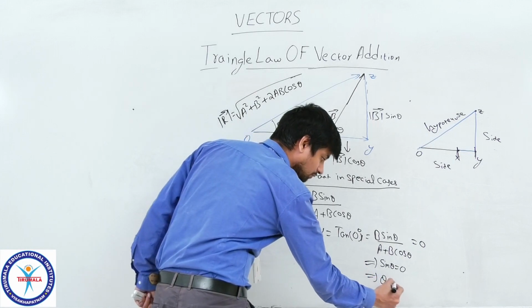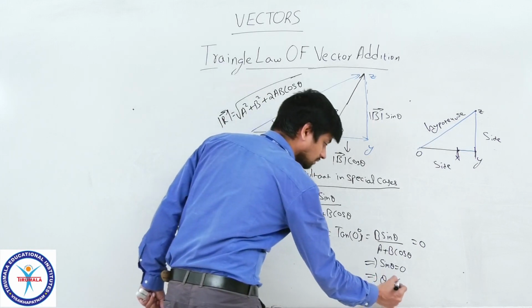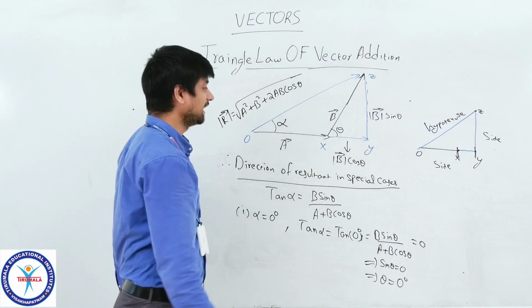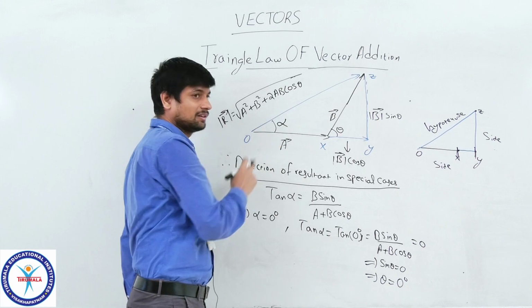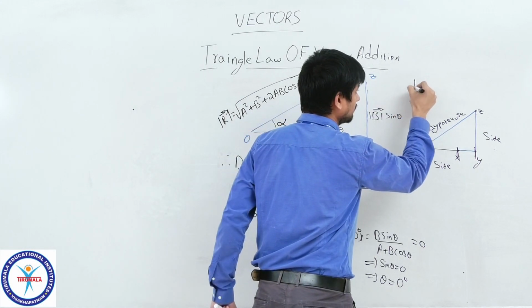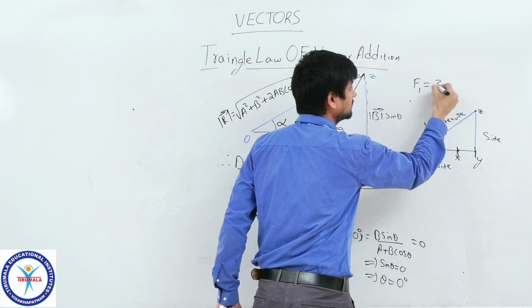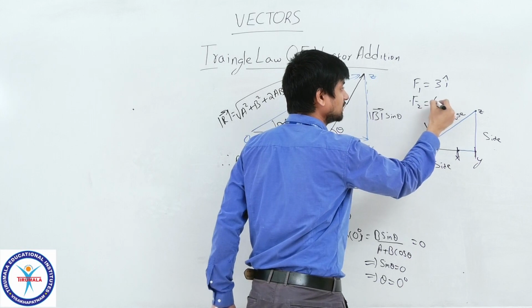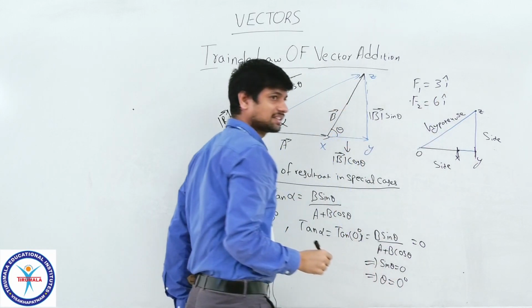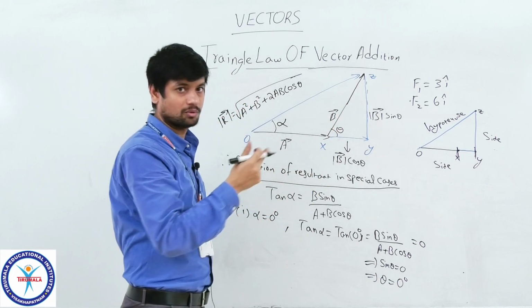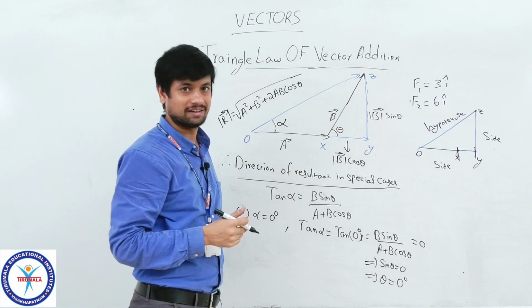So theta value is again 0 degrees. 0 degrees means you get the resultant. That means one force F1 value is 3 i cap, and the second force value is 6 i cap. Now based on their i, you can identify their direction and magnitude.